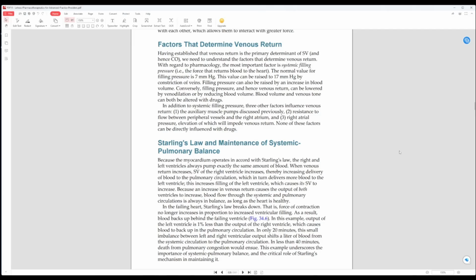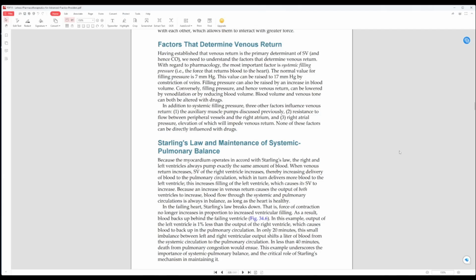This value can be raised up to 17 mmHg by constriction of the veins. Filling pressure can also be raised by an increase in blood volume. Conversely, filling pressure and therefore venous return can be lowered by venodilation or by reducing blood volume. Blood volume and venous tone can both be altered with drugs.